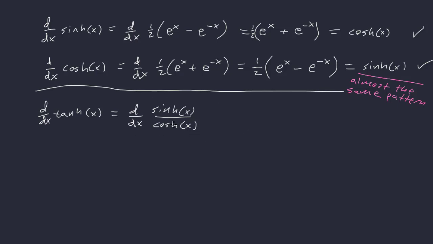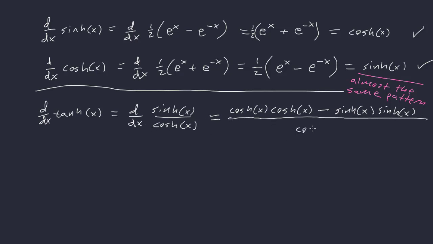Now, we could break this into the e to the stuff, but we already have the derivatives of cosh and sinh, so I'm just going to go ahead and go straight to the quotient rule and say it'll be the derivative of the top, which is cosh, times the bottom left alone, minus the top left alone, which will be sinh, times the derivative of the bottom. So the derivative of cosh is sinh. All right, and all over the denominator squared.